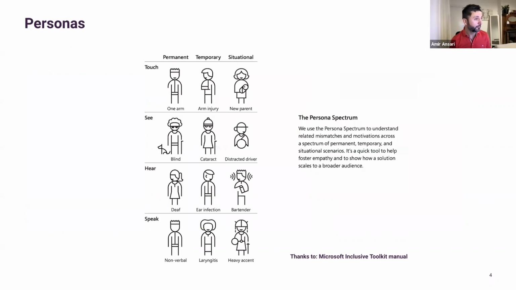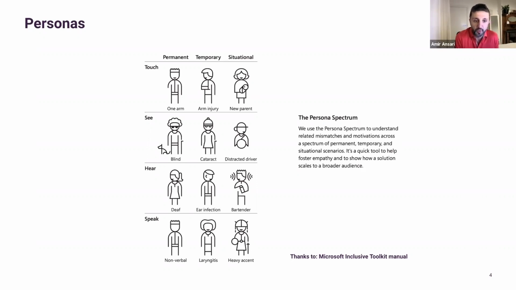Now, this is from Microsoft. Ironically, Microsoft builds reasonably average products, but when it comes to accessibility and inclusion, they do a pretty good job. This comes as part of the Microsoft Inclusive Toolkit, and you can find it. It's a PDF. The reason I wanted to put this screenshot up is because it really presses the fact that accessibility is not about disability.